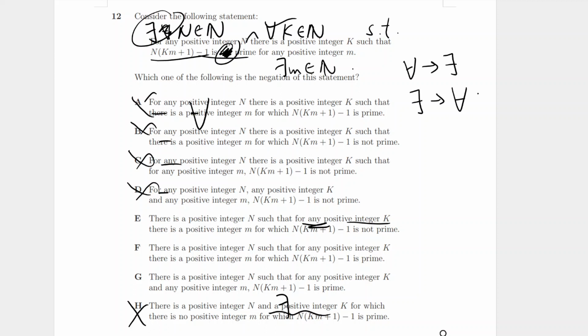There is a positive integer m, that's good because I want there exists. This flipped E means there is, or there exists, or for some. G is wrong here because this is any. Lastly, the not prime becomes prime. So the answer is F.